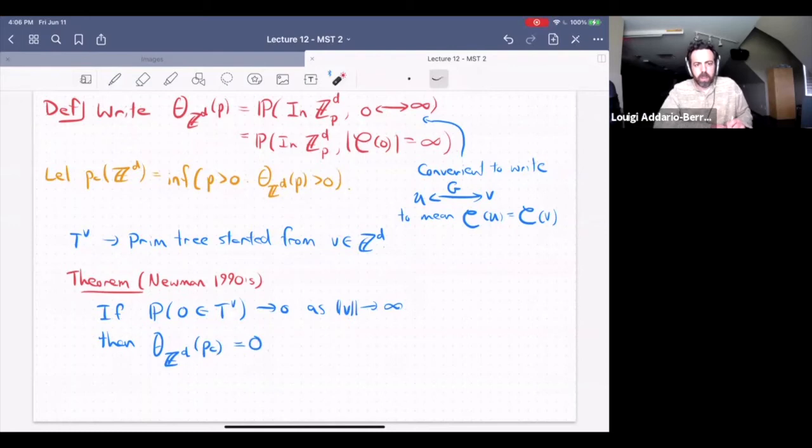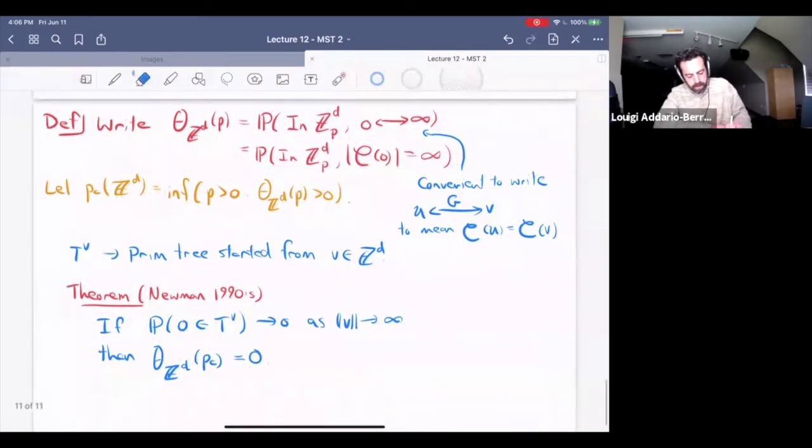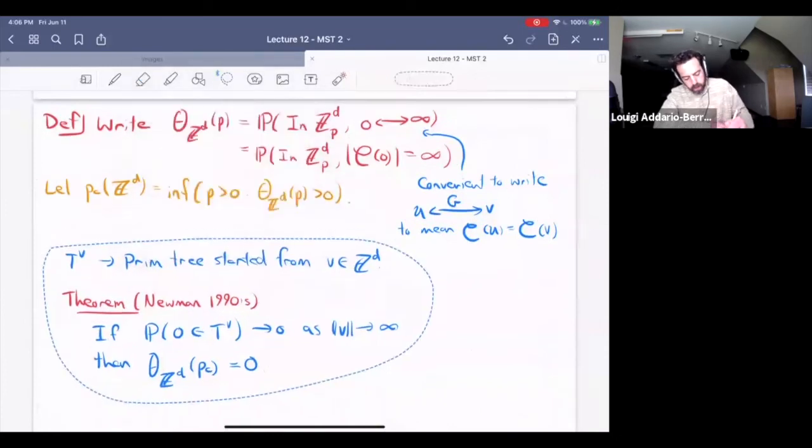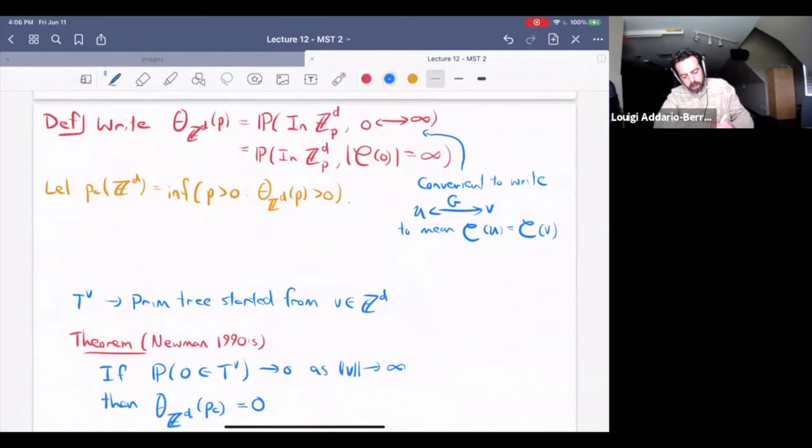Okay, so it's worth commenting on this. Right up here we have, you can just focus for the moment on the two-dimensional lattice that we see sitting here, right? If p is 1, then Z^d_p contains all the edges.